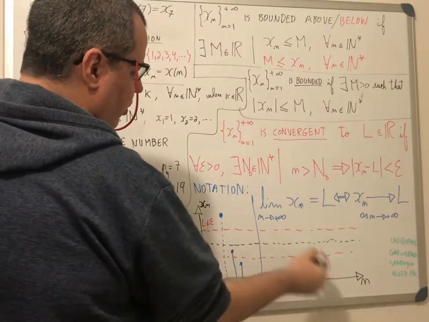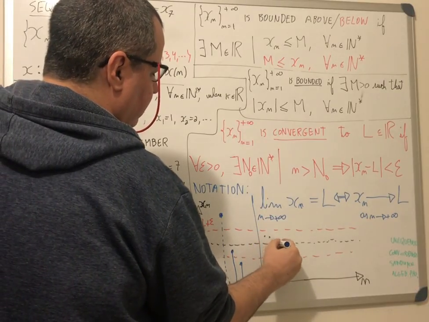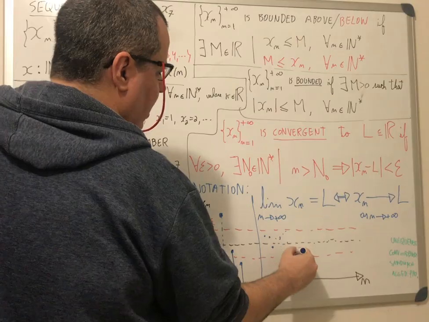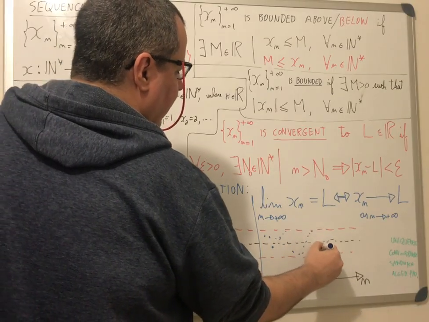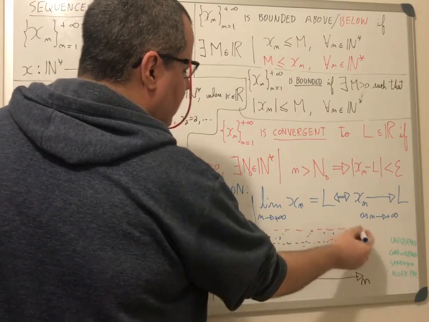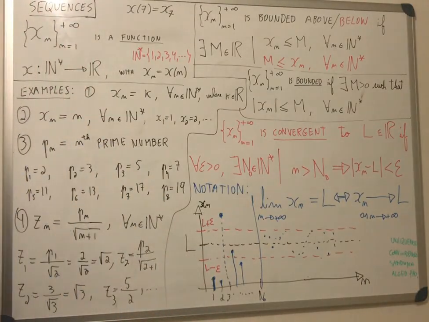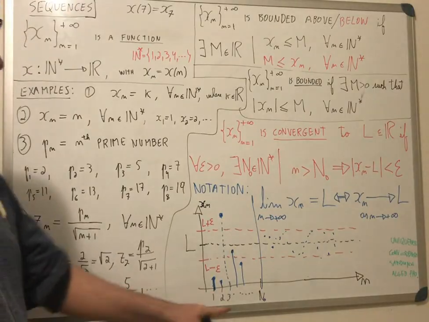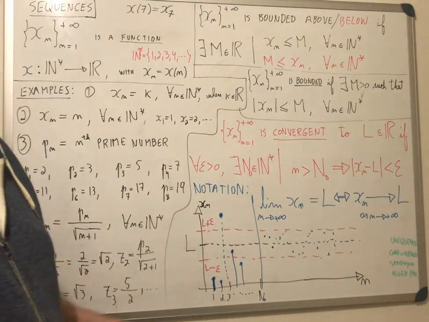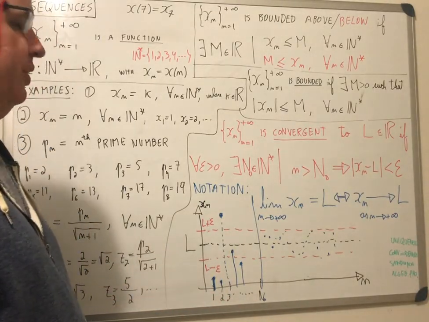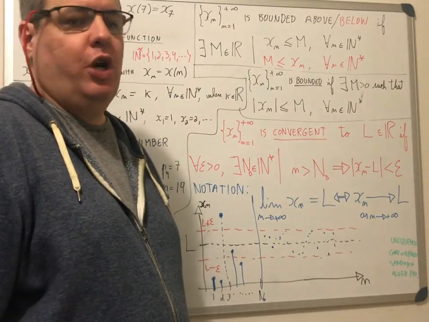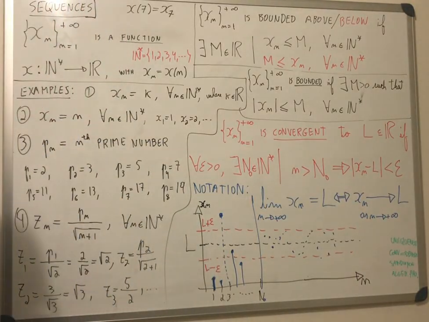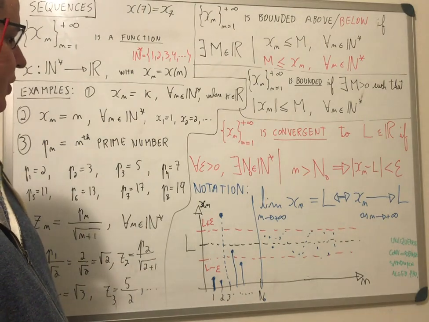From here on, I can go up and down, I can jump around, but I have to be inside of this tunnel. If I have a single element outside of the tunnel, then my n0 is not good enough. We have to further investigate whether the sequence is convergent or not. So that's the definition.